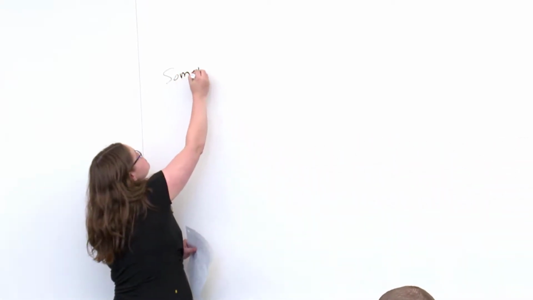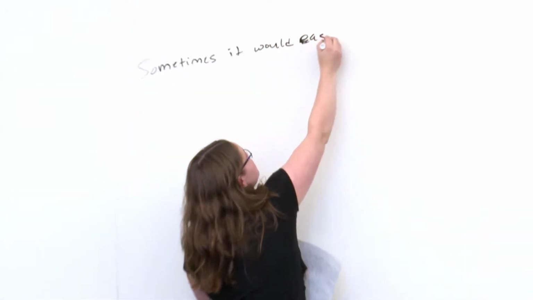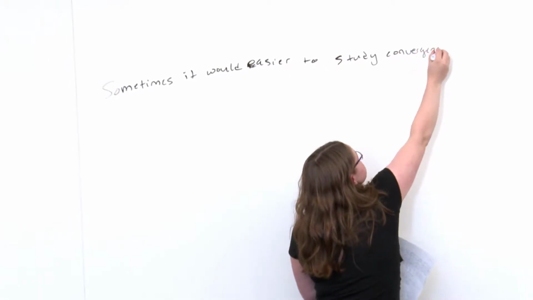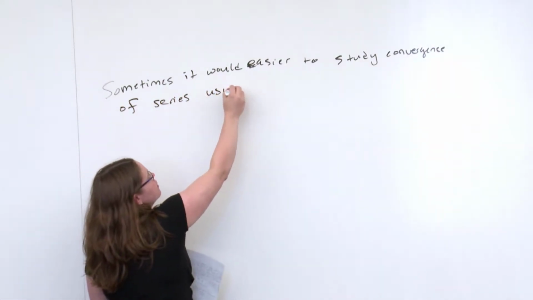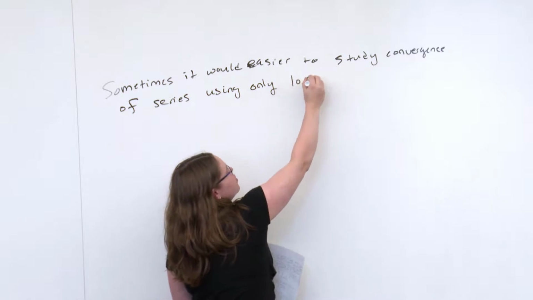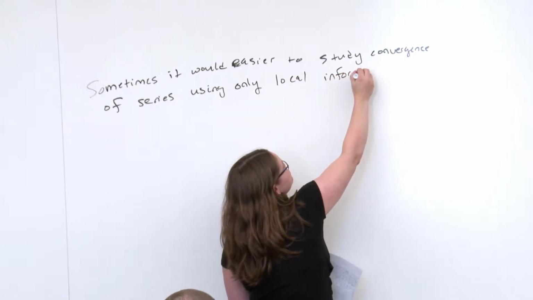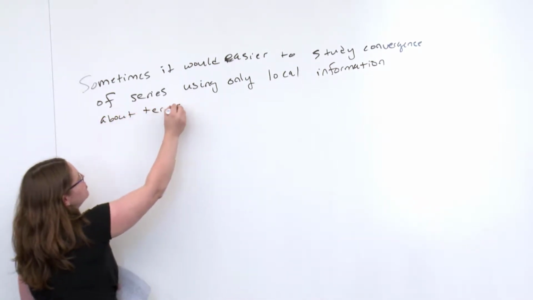Sometimes it would be nice to have it be easier to try to study convergence of series, infinite series, using only information that's kind of local, not having to look at a whole bunch of terms and how they behave. So about terms in the series.